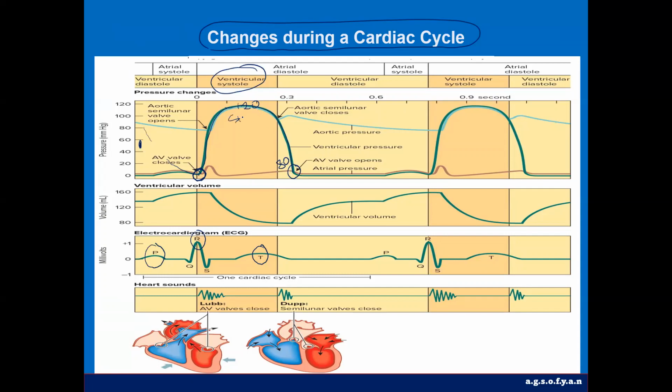So this is systole and diastole. And then the cycle will continue on to the next cycle. So from one here to here, it takes about 0.8 seconds. So it's one cycle to another cycle.